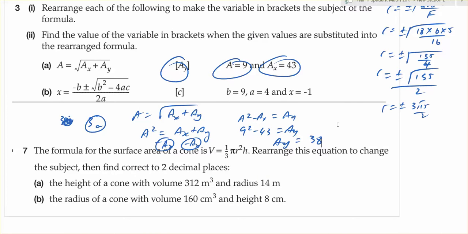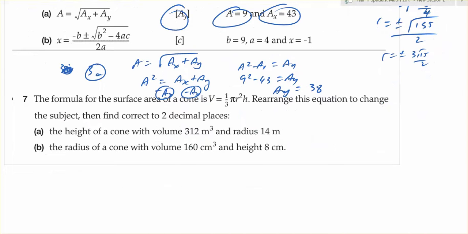Question 7. The formula for the volume of a cone is given by that. Rearrange the formula to change the subject to the height of the cone, when the volume is that and the radius is that. So we want to make height the subject. V equals a third pi r squared h.